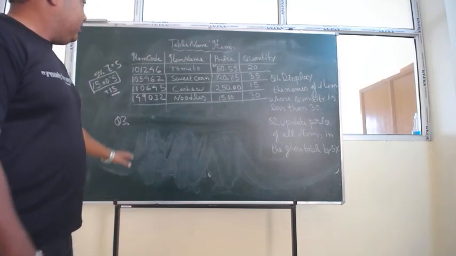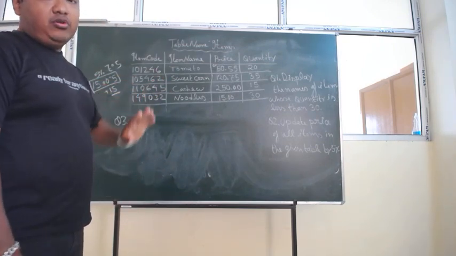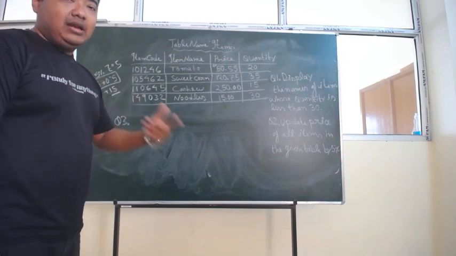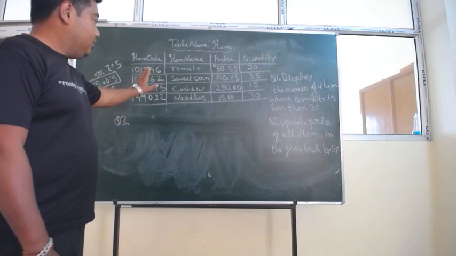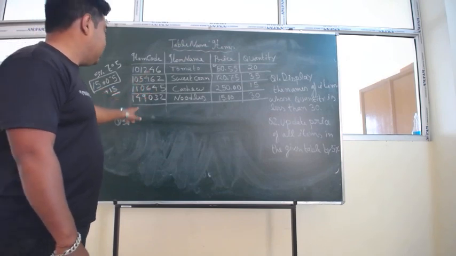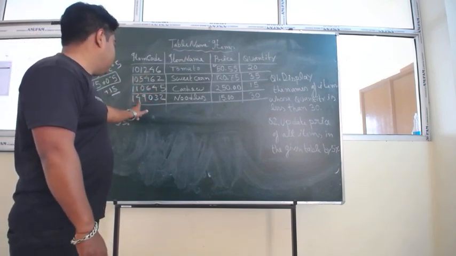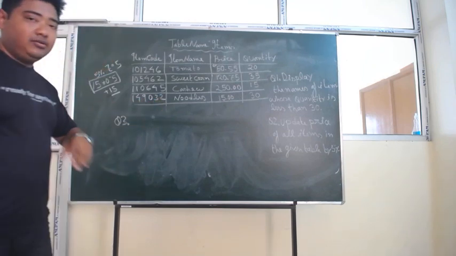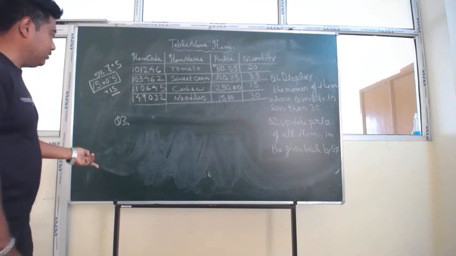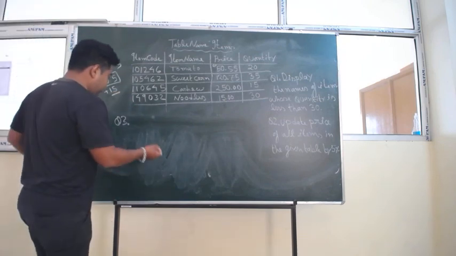Suppose another question: already 4 records are there, you make 5 records. You add another record in the table. Okay. You have to add another record in the table. Here after noodles, that means 4149032 is there. So suppose we have to enter another record. So it is very easy, okay.